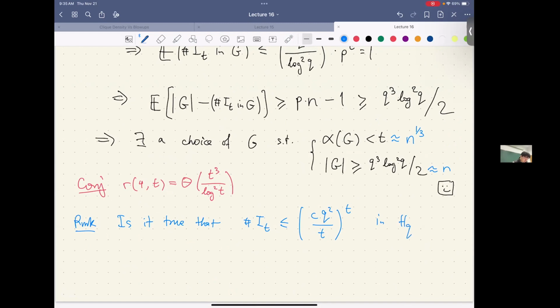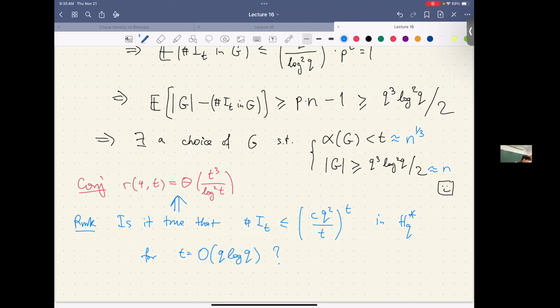In this H_Q star, for T to be big O of Q log Q, this will be enough to prove this.